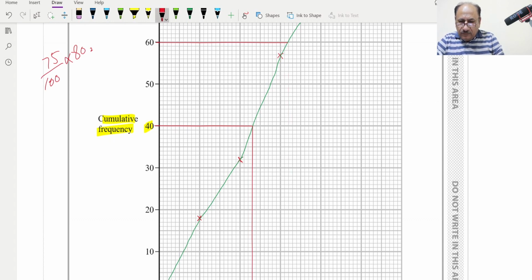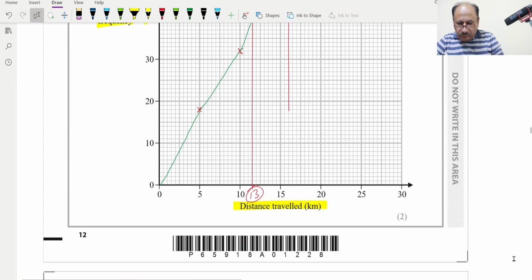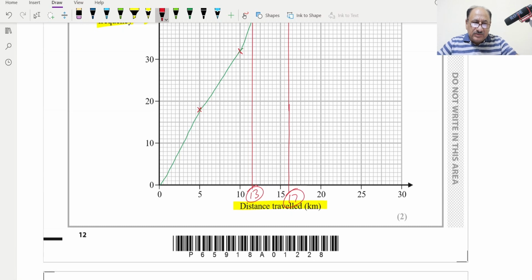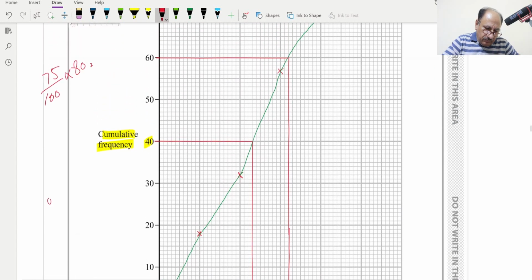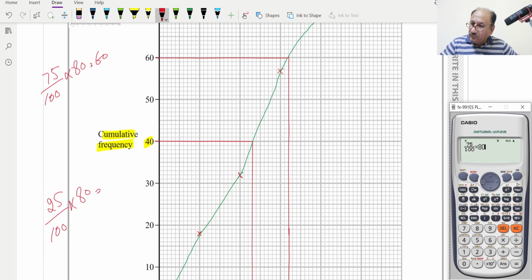So I'll try to be accurate over here up to this point, and from reference we can check from here also. So 17 is the reference which we got for upper quartile, and lower quartile will be what? Lower quartile will be calculating 25th percentile of 80, so it will be 20.